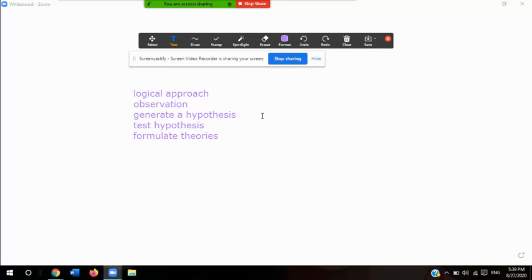In your book it says observing is the use of the senses to obtain information. So when we observe, we use our senses to obtain information. Senses like our five senses help us obtain information and then analyze that information to understand it.